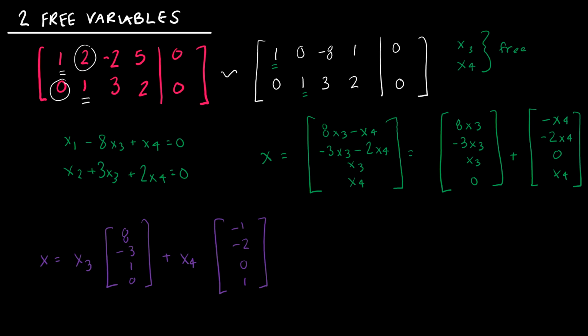Well, parametric form, when we have more than one value, essentially is Su plus Tv. Again, u and v are vectors. So does this fit that? Yes, we've got s is that constant of x3, u is our vector, t is our constant of x4, v is our vector. So now we have this in the correct format for parametric vector form.